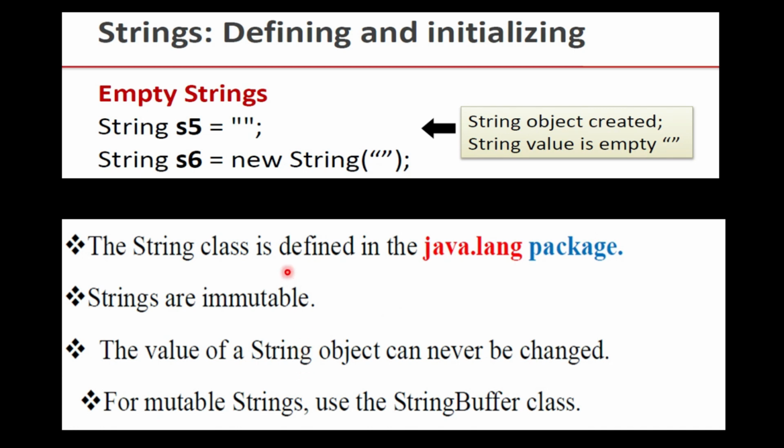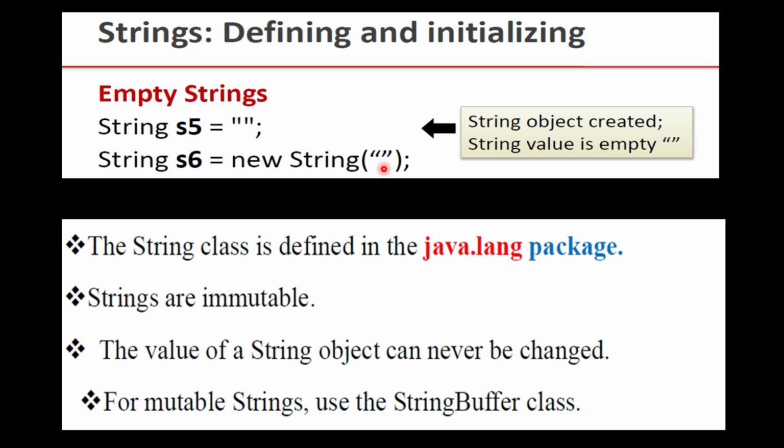Now we are going to see empty strings. An empty string means a string without any value. See, String S5 = "". I have kept the double quotes without any space. Don't keep any space. So this is an empty string. And as a string object, String S6 = new String("").